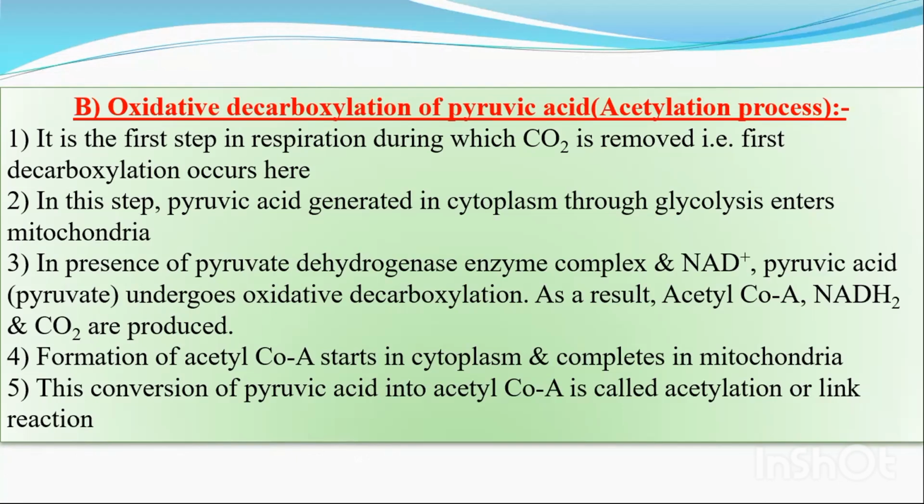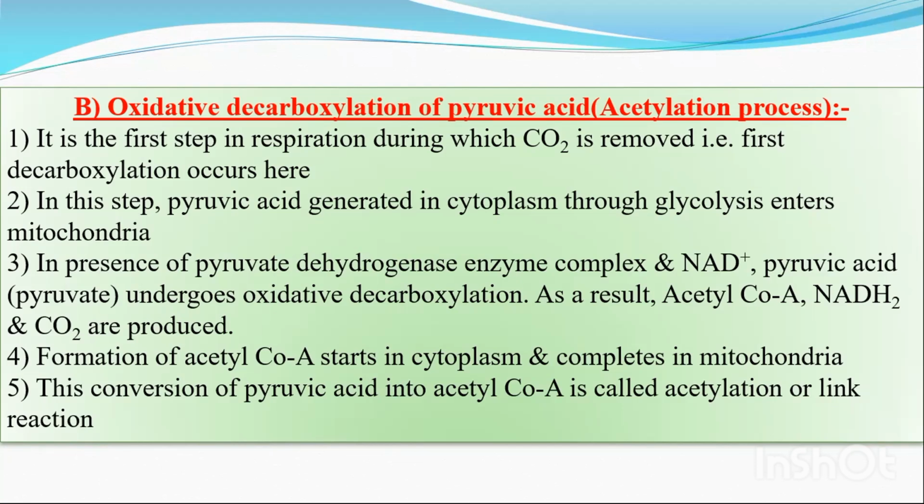So in this step, pyruvic acid produced in the cytoplasm at the end of glycolysis can enter into mitochondria in the presence of the enzyme pyruvate dehydrogenase enzyme complex. Pyruvic acid will undergo dehydrogenation.